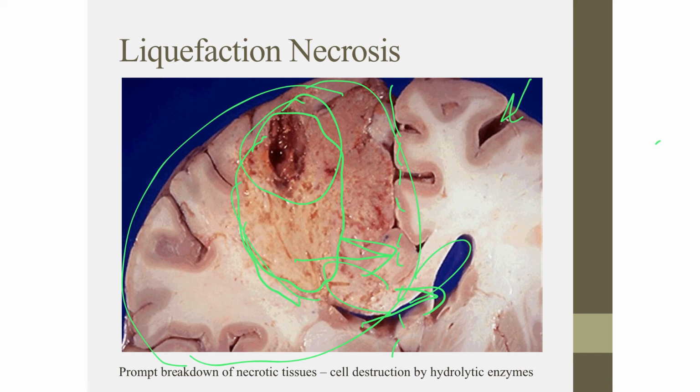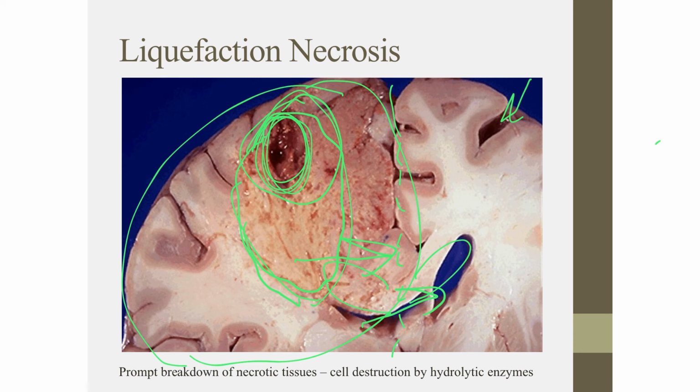Again, we see this white infarcted area. We see this area of liquid. That's why we call it liquefactive in nature. You will see this type of necrosis, again, normally in neural tissue. The brain is one of the most common places to see this. And this is telling you that this was a recent time of death of these cells.